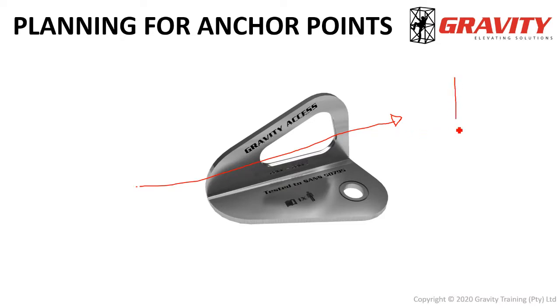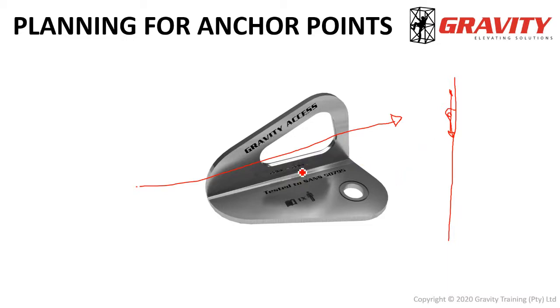So if you had a vertical surface and you installed the hanger there, you would use it in parallel, the same direction as the wall.